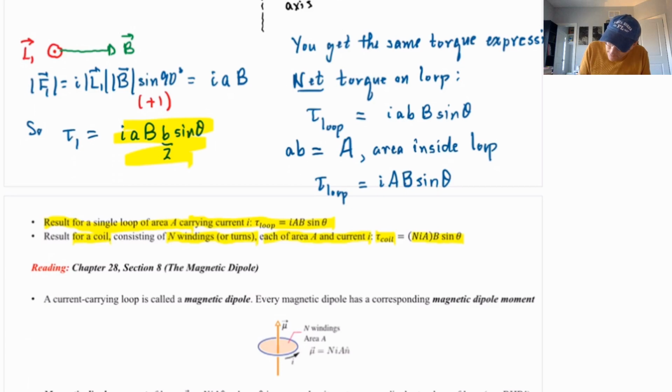Then that capital N is a biggie. That's the multiplicative effect. Note, by the way, that the stuff I've put in the parentheses, I did that on purpose. Because those three things, number of windings of the wire around, the current in each winding, and the area, those are all properties of the coil.